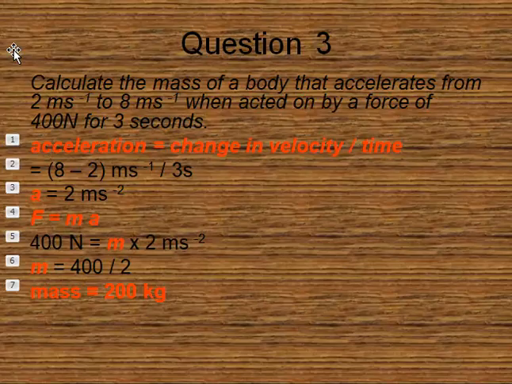Question 3. Calculate the mass of a body that accelerates from 2 meters per second to 8 meters per second when acted on by a force of 400 newtons for 3 seconds. So our acceleration is equal to the change in velocity per unit time, or the rate of change of velocity, which gives us 8 meters per second minus 2 meters per second, giving 6 meters per second.